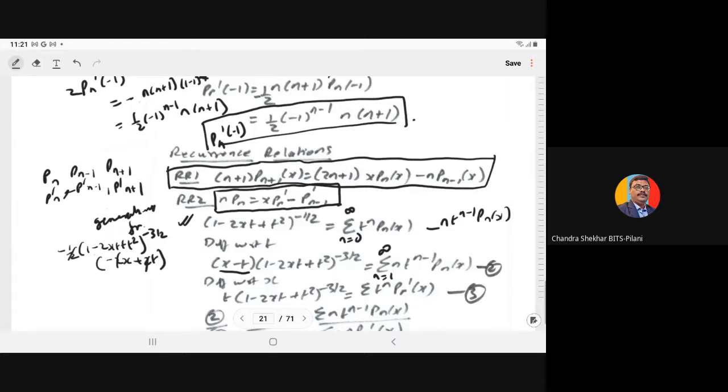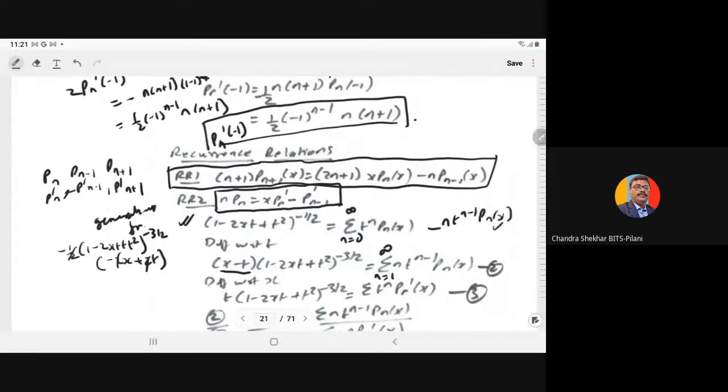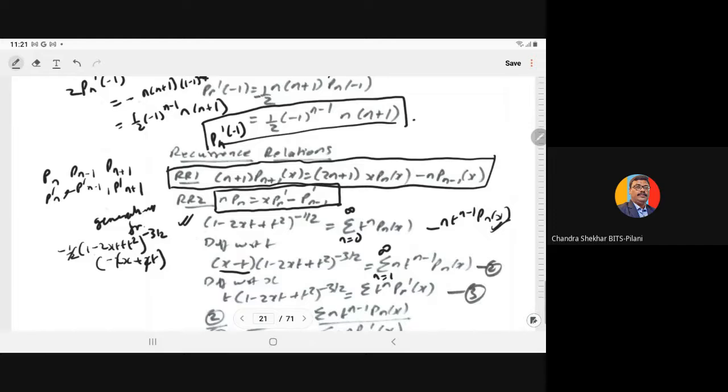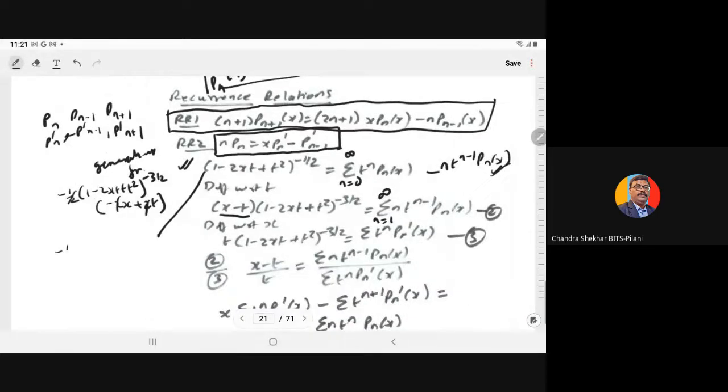Now, if you differentiate the same equation with respect to x, what you will get? Minus half (1 minus 2xt plus t square) to the power minus 3 by 2 into minus 2t.